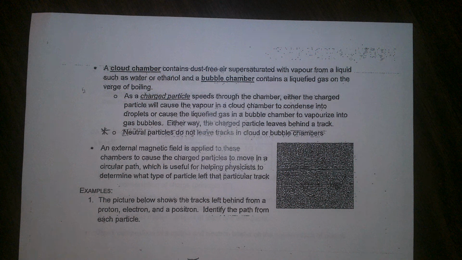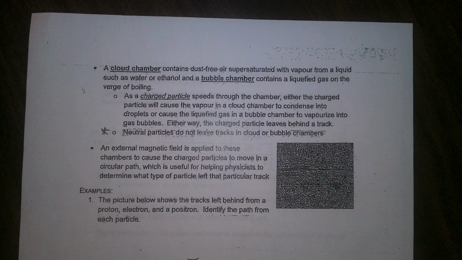It could be like liquid propane. Propane is a liquid under pressure, and as the pressure is released, it goes into a gas. But right before it goes to a gas, there is that point of boiling, and that's what they're trying to hit.